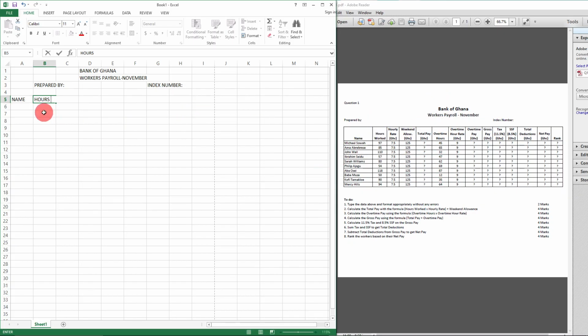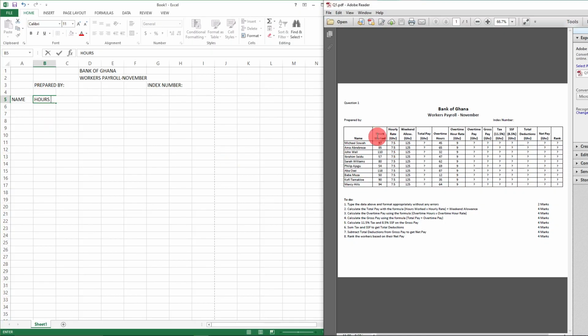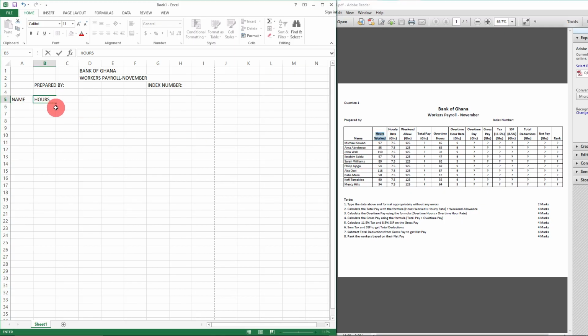But we have to type it in such a way that it looks the same as the question, so it should be under it, like how this one is, the hours and the worked is under. To do that, we have to use Alt and then Enter. So you hold the Alt key plus Enter.